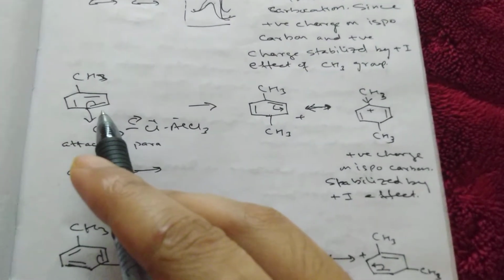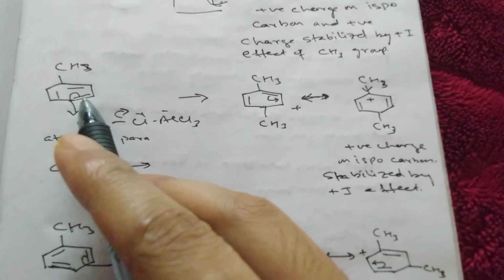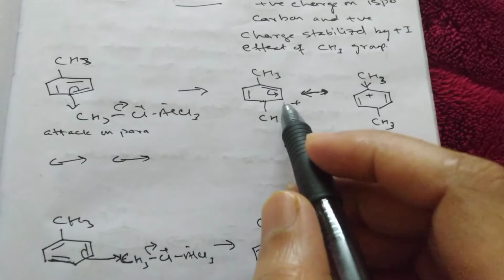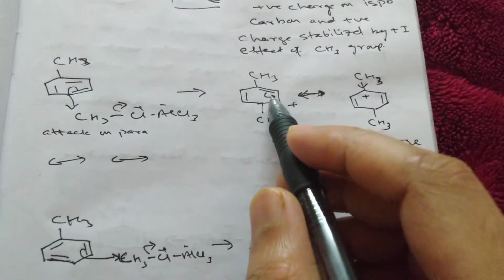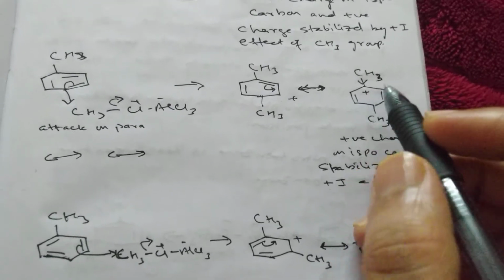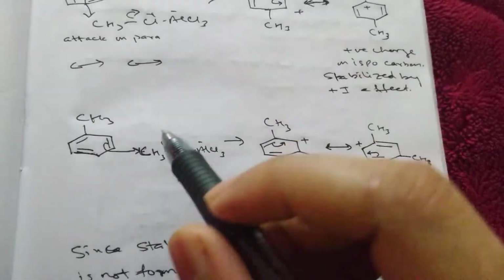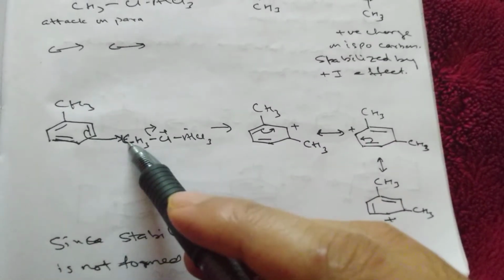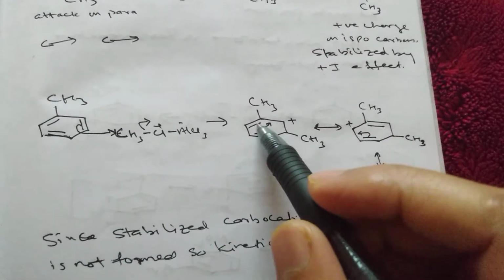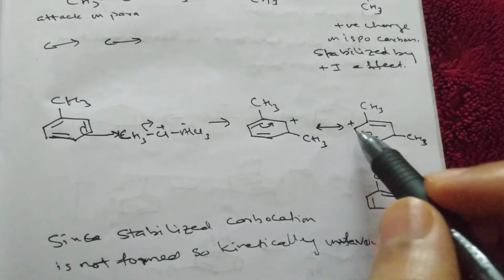Similarly, if reaction happens at para position, what happens? Attack happens on para, and you are getting positive charge here, and this pi bond moves here, and you are getting again positive charge on ipso carbon. Now ipso carbon positive charge is stabilized by this electron donating group. But when it happens on meta position, you see you are attacking here, you are getting positive charge here. This moves, it has moved here, positive charge came here, and then this comes here.